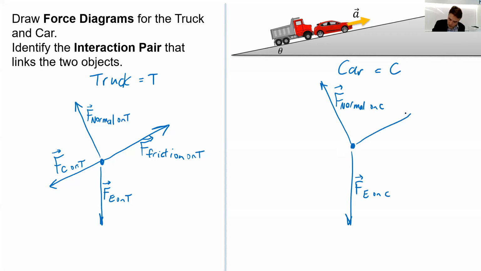And then there's this force of the truck on the car. And I think if the car is dead and it doesn't have an engine on, then there's going to be a friction force backwards on the car. It could be forward or backwards, actually. It'll be backwards, and we'll talk again more about that a little bit later. So the whole idea here is to identify the interaction pair.